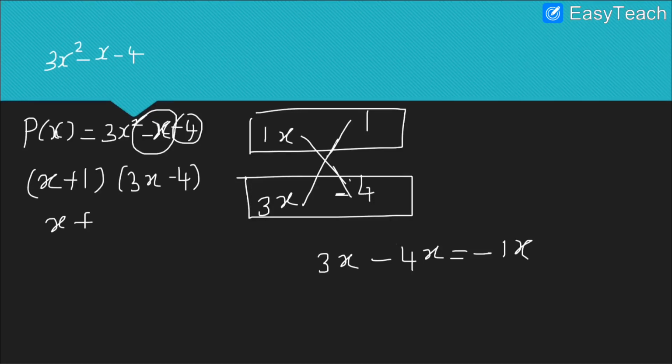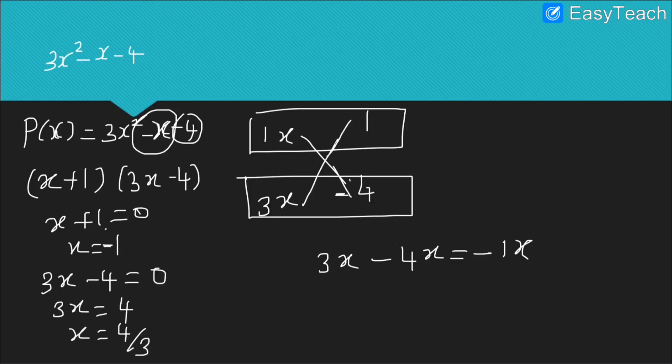To find the x values, assume each term as 0, which gives me minus 1 here. So we found the answers, x equals minus 1 and x equals 4 by 3. Two zeros we found out.